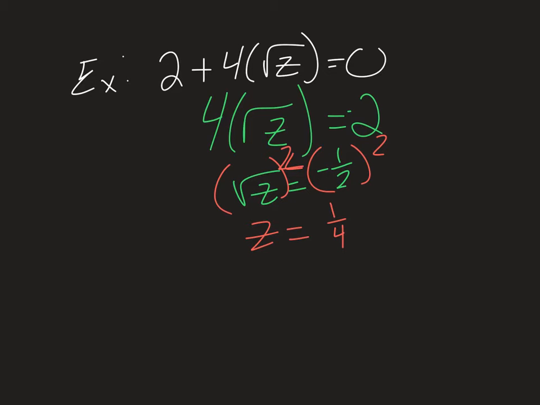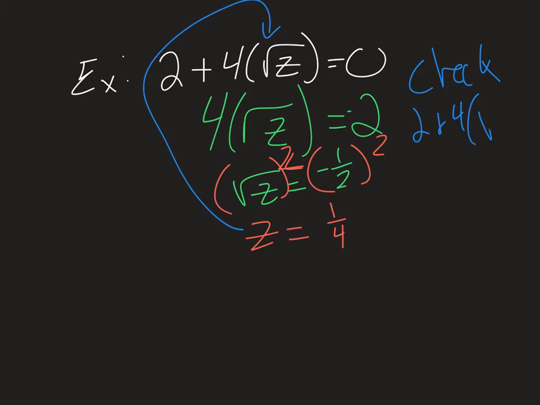Now let's check it before we move on. So we're going to have 2 plus 4 times the square root of 1/4, and we want to know if that's going to equal 0. Well, the square root of a fourth would be 1/2, so 4 times that is 2.